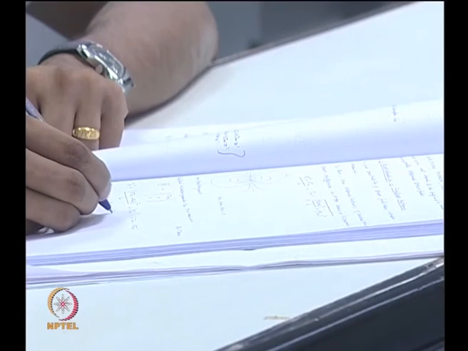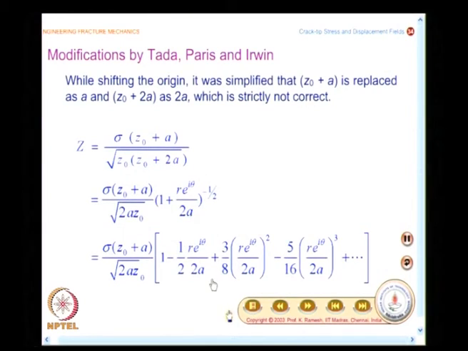It gives a comfort to people who are analytically focused that I have many number of terms in the series. So, if I take several terms, it would model larger and larger areas of zones near the crack tip. It is not so. This is the only place where we had done a gross simplification.